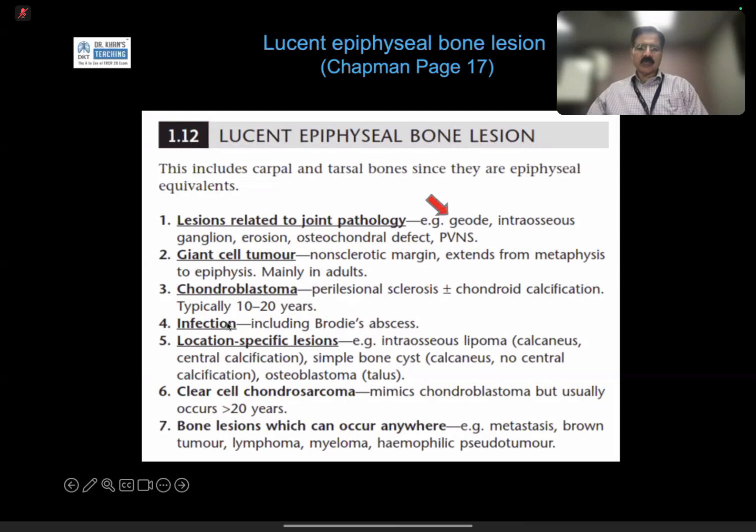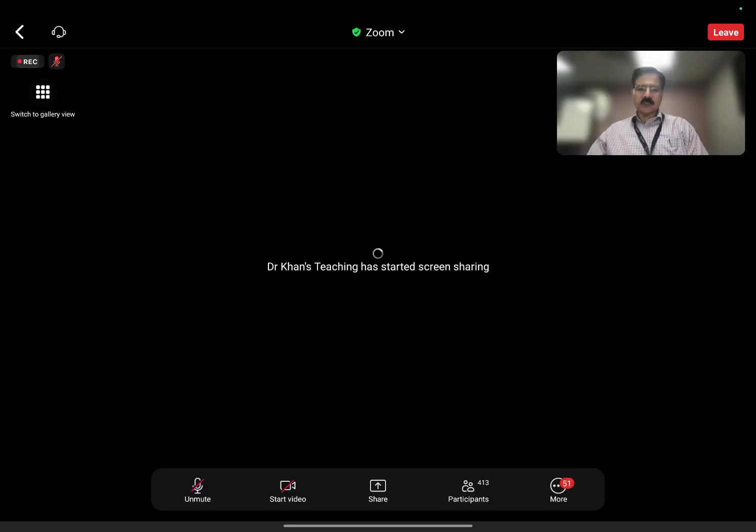The clinical scenario, of course, was not in keeping with Brodie's abscess. Because of what was happening around the joint, this is what it was. There is nothing else to be worried about unless there is a clinical scenario to the contrary. So this was a geode, a simple case, but for differential diagnosis.